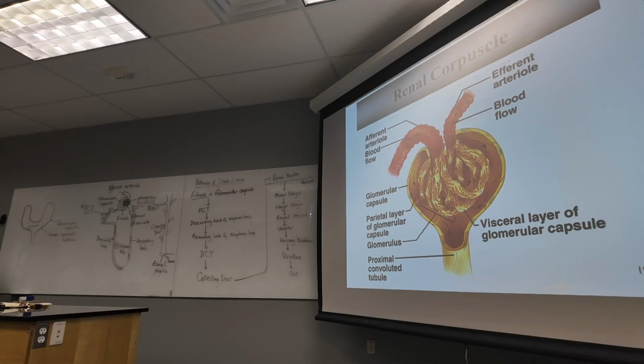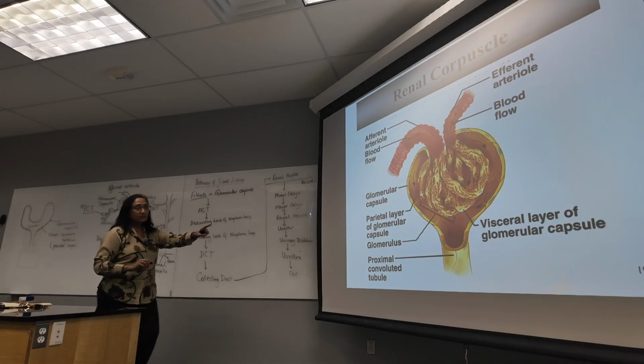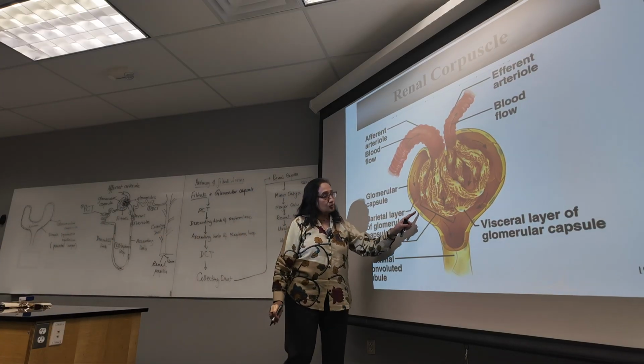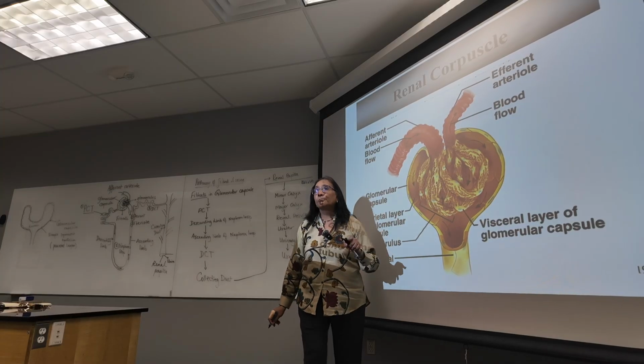Now this outer wall of the cup, which is lined by the simple squamous epithelium, is called the parietal layer of the Bowman's capsule. Parietal layer of the glomerular capsule. You know, parietal is always outside, visceral is inside. So you can see here, it's just one layer of flat cells.